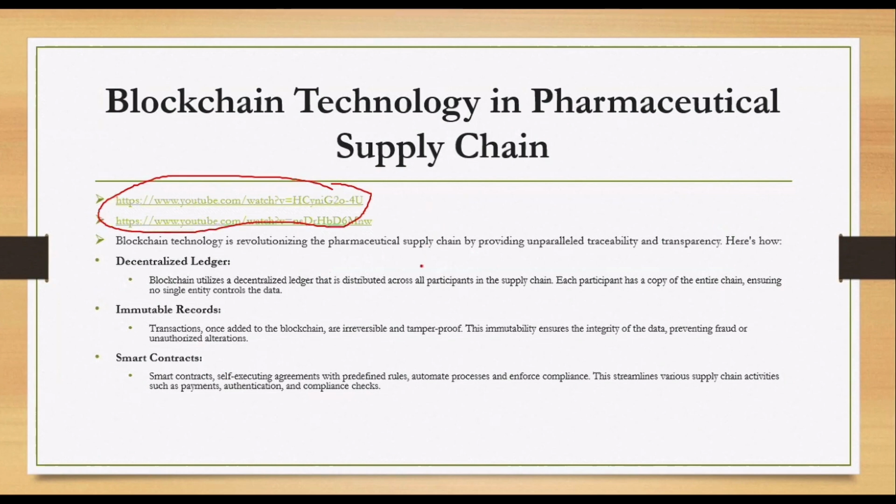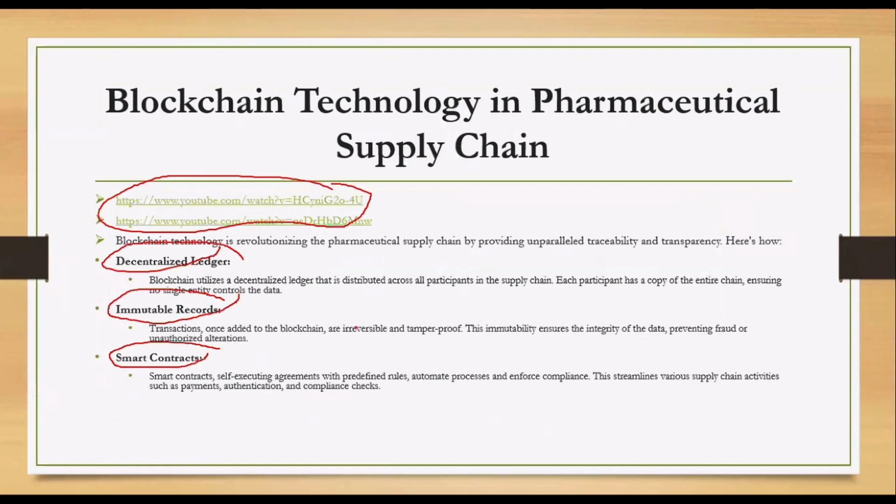Here, blockchain technology is going to create transparency in the operations. In the pharmaceutical industry, you have a lot of contracts and a lot of billing happens, and how do you have safe contracts and security? All these things are going to happen through decentralized ledgers, immutable records and smart contracts.